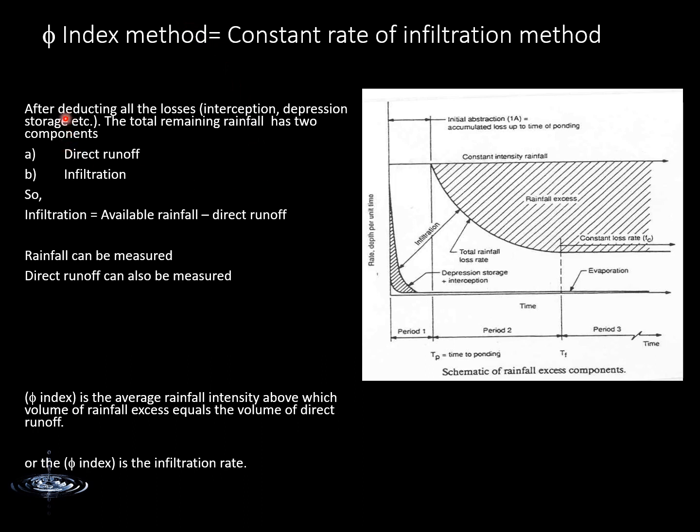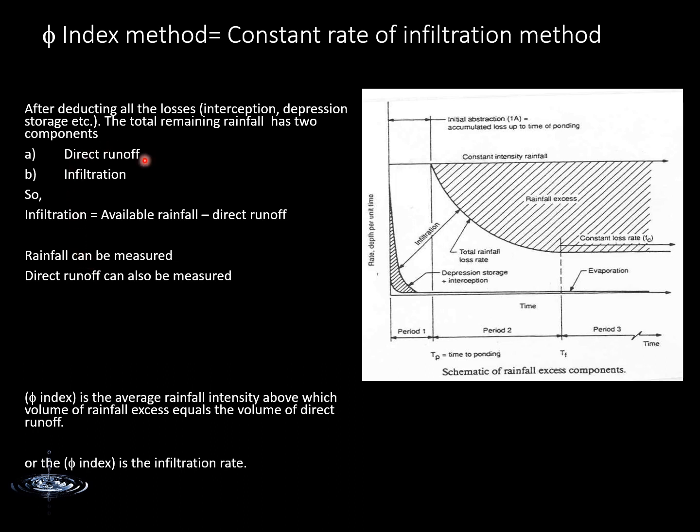So what we do is, after deducting all the losses, first we deduct interception loss, depression loss, storage, the total remaining rainfall can have two components. Either it will become direct runoff or it will infiltrate into the ground, right? So once it reaches the ground surface after the losses, either it will seep inside the ground, which is infiltration, or it cannot seep inside the ground, and then it will flow downslope and create direct runoff.